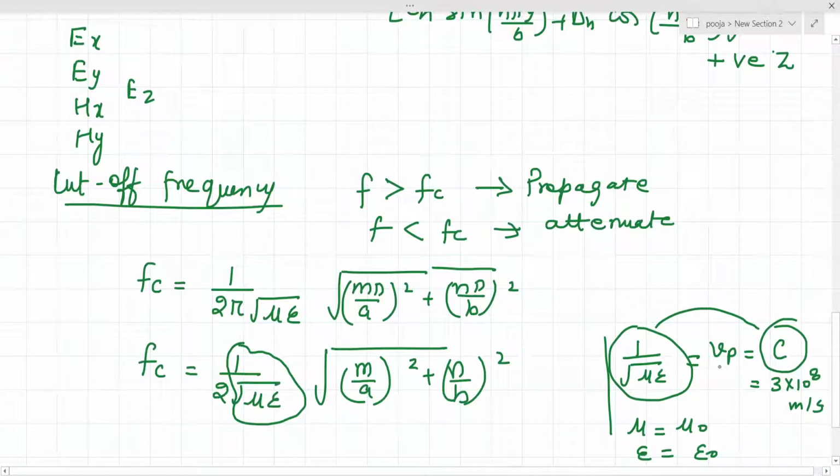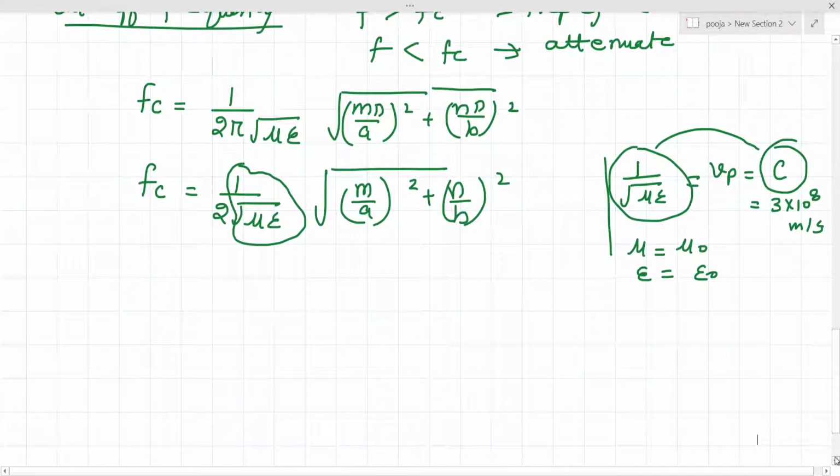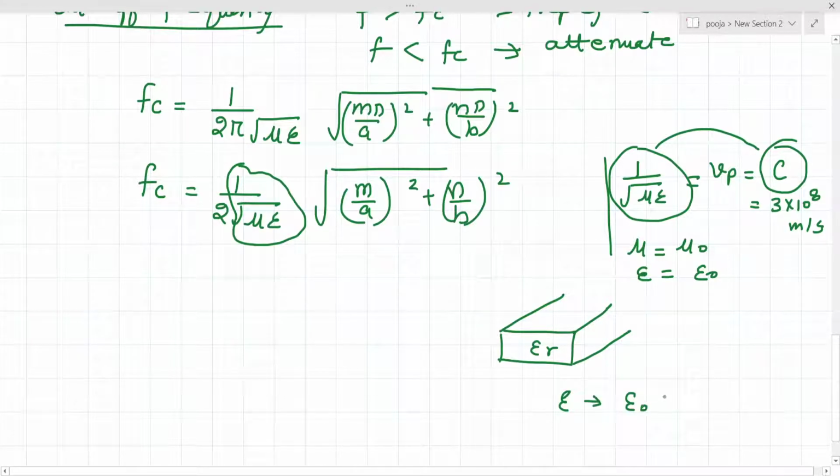Now what will happen if this waveguide is filled with a dielectric of permittivity epsilon r? Wherever epsilon comes, it will be equal to epsilon naught into epsilon r, right?